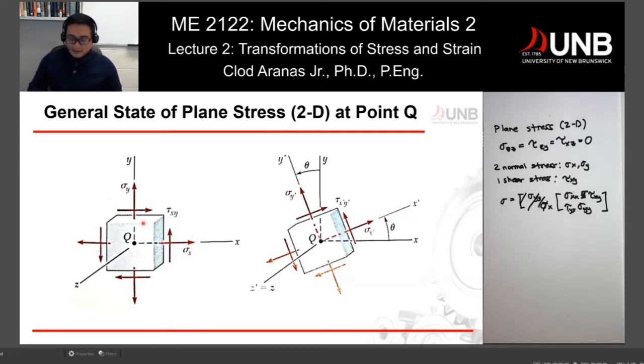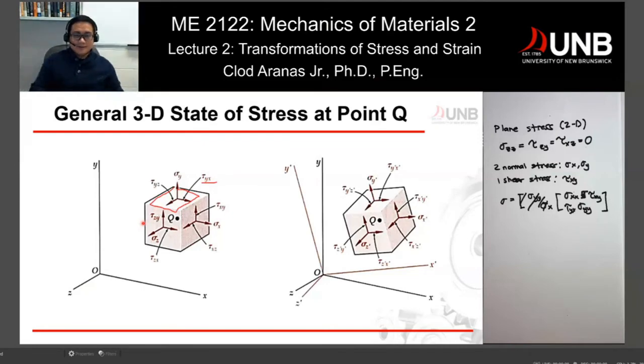Now, having discussed the basics in terms of normal and shear stresses, let's go back to our 3D state of stress here. What's the importance of this? In your mechanics of materials 1, you are asked, for example, to determine what would be the equivalent stress at a certain rotated axis. And why is that important?